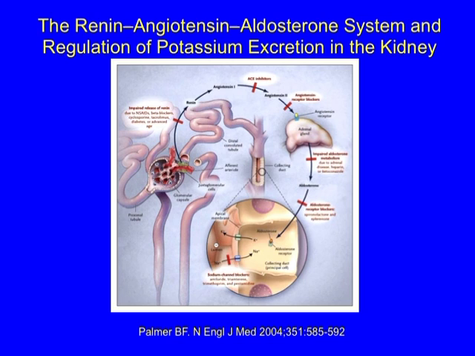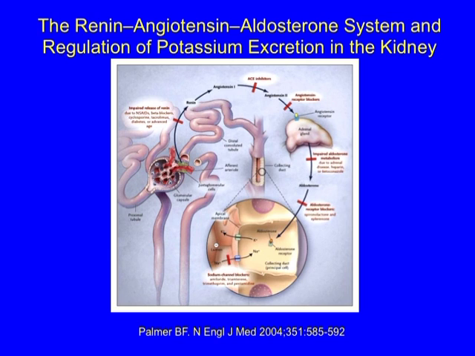This creates a lumen negative gradient that drives potassium secretion in this way. And drugs like amiloride, triamterene, and trimethoprim block this sodium channel. When you block this sodium channel, you destroy this lumen negative gradient that drives potassium secretion.